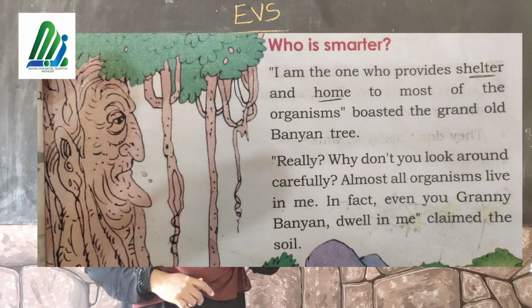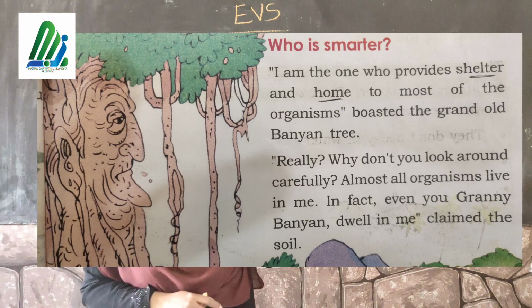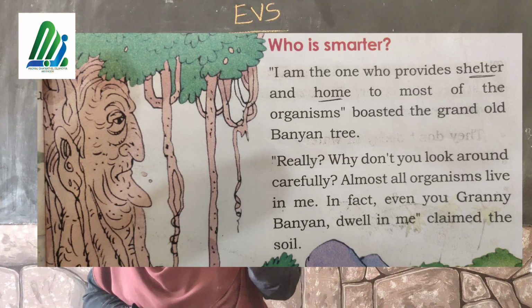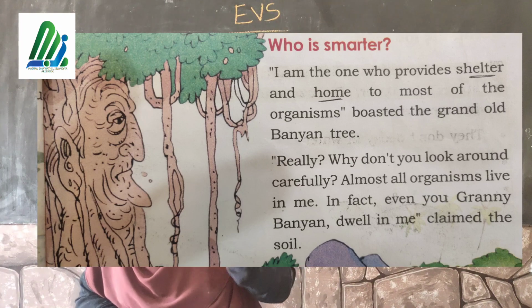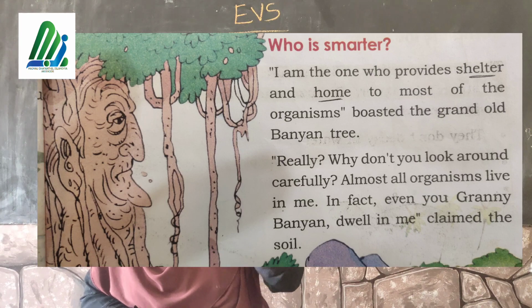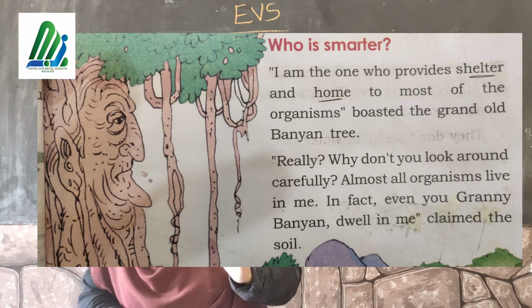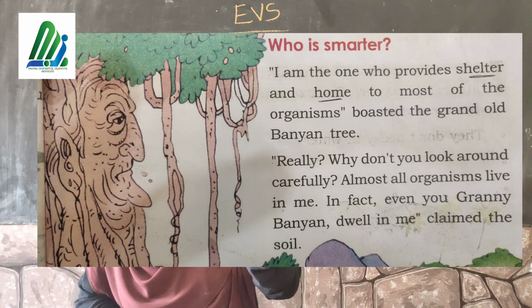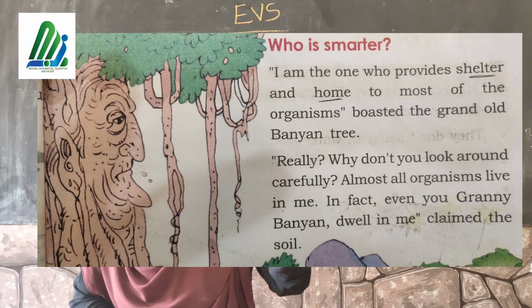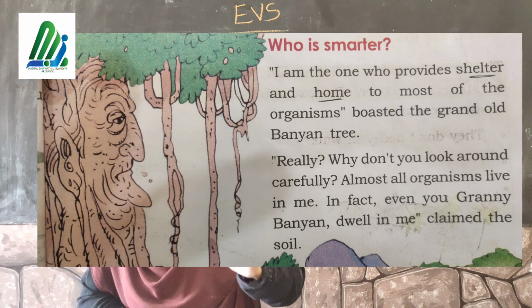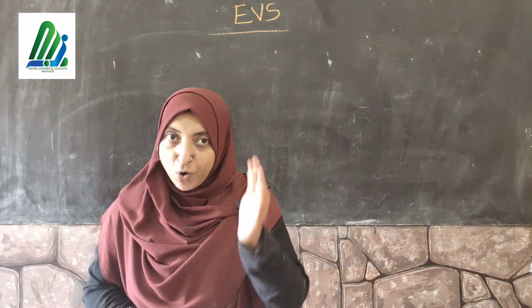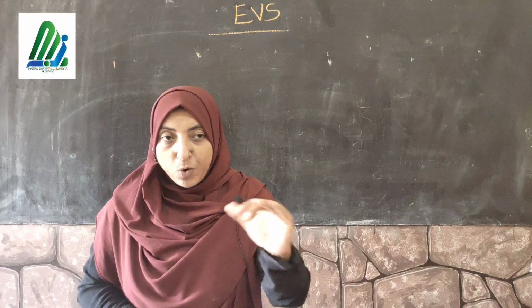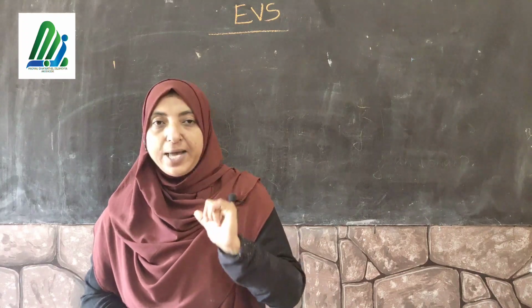The banyan tree argues that a tree gives shelter, food and air to many small organisms. At the same time, the soil also says, I too, or me too, give shelter, food and other facilities for small organisms, and the soil says to the banyan tree, you are also dwelling in me. That's the conversation you can see by looking at that picture.